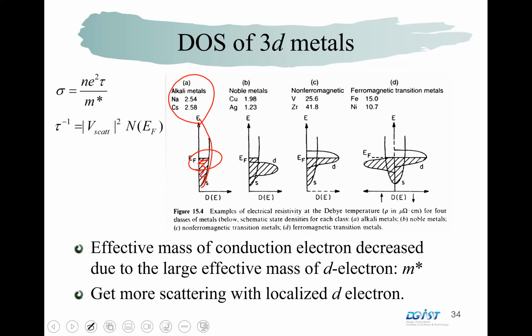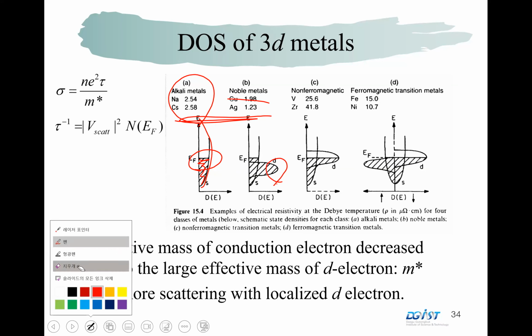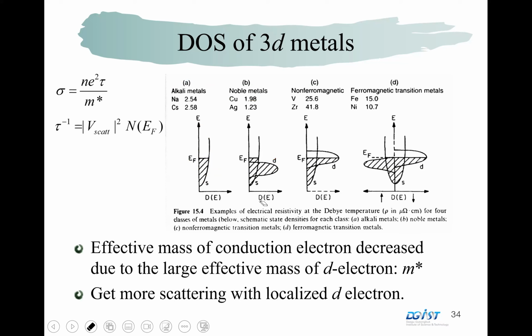And for vanadium or zirconium, as you see here, the resistivity is much larger compared to these guys, by an order of magnitude. Why? Because the Fermi level is at the D band, the density of state is very high, and the effective mass is very high. So the conductivity is very small.